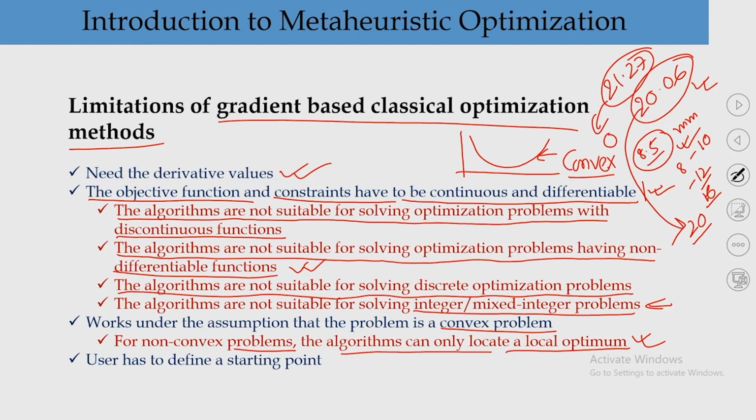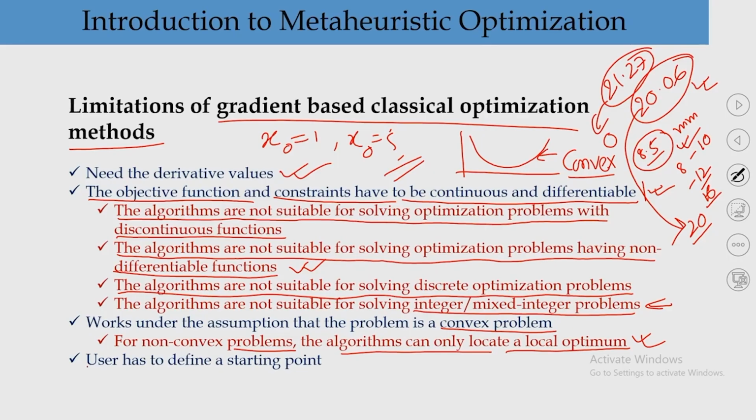You can use these algorithms, but you have to change your initial point. Suppose you start with x naught equal to 1, and after that x naught equal to 5. For different x naught, you can try and see whether you are getting a better optimal solution. But you will get a local optimal solution of the problem.